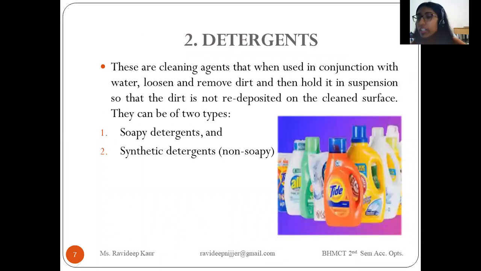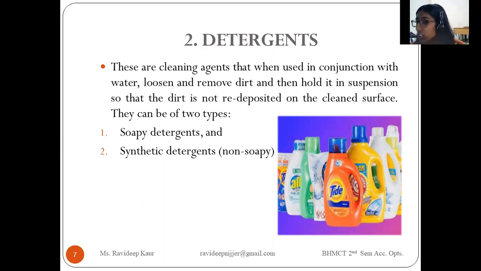Next, we have another cleaning agent which we use the most: detergents. These are cleaning agents that, when used in conjunction with water, loosen and remove dirt, then hold it in suspension so that dirt is not redeposited on the clean surface.